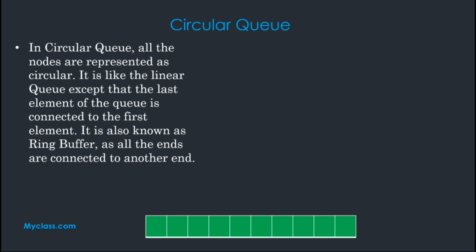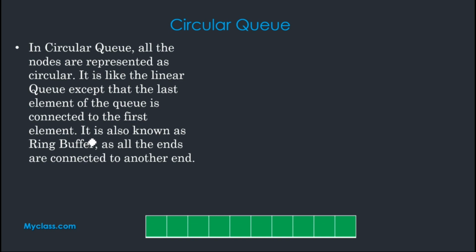Now, our second type of queue is the circular queue. In a circular queue, all the nodes are represented as circular, with a circular connection. It is the same as the linear queue except that the last element of the queue is connected to the first element.